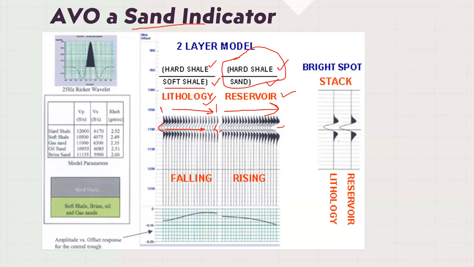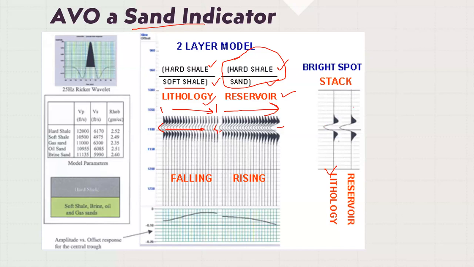So in that way, AVO can give you the brightest spot. Normally, when you have a lithology difference, you have low amplitude contrast. Even in the near angle it's different, but in the far angle it becomes low.